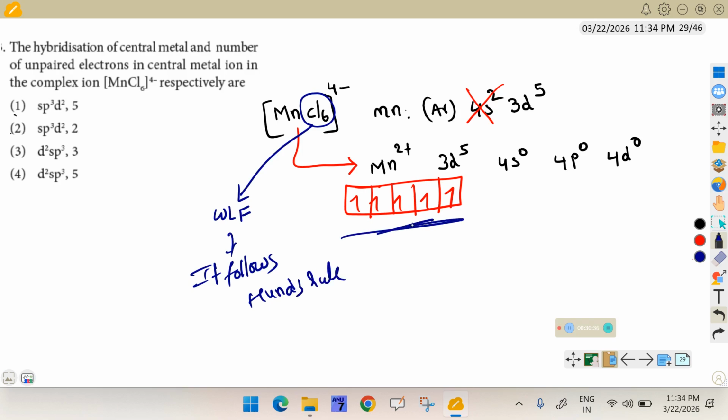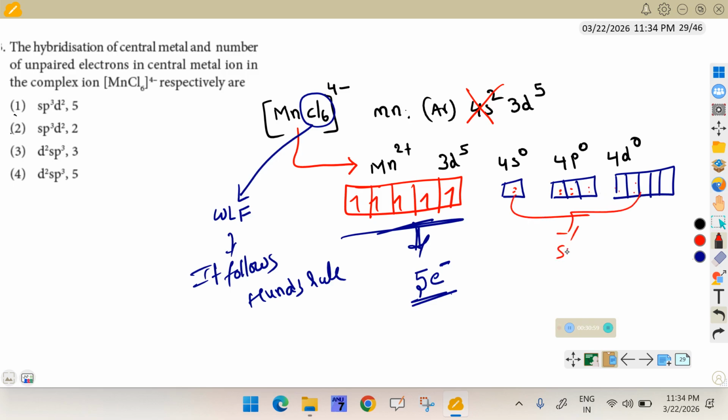Number of unpaired electrons according to Hund's rule is 5. And 6 ligands use 4s, 4p, 4d orbitals for hybridization: 1, 2, 3, 4, 5, 6. Hybridization is sp3d2, with 5 unpaired electrons.